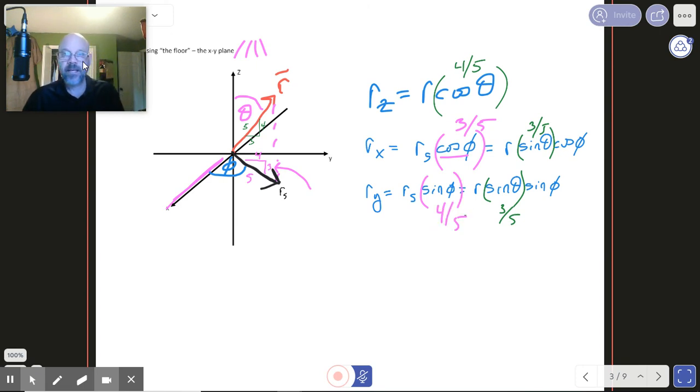and so sine phi becomes 4/5. Now let me warn you about something. Many of you, and this is perfectly natural, are going to immediately jump to thinking, if I need X, I use cosine. If I need Y, I use sine. As strongly as I can tell you, you need to move away from that.